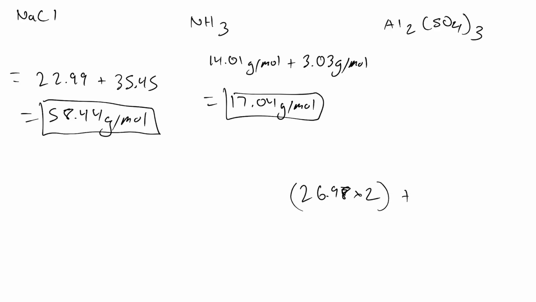Plus, then we have our atomic mass for the sulfur, which is 32.07 times 3. And then plus our atomic mass for the oxygen is 16.00 times 12, since there's 12 oxygens.